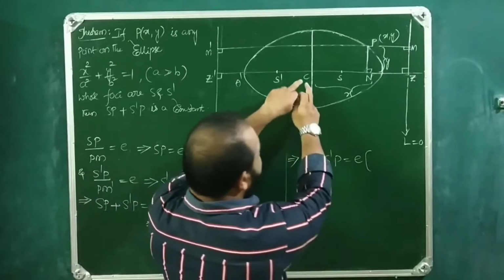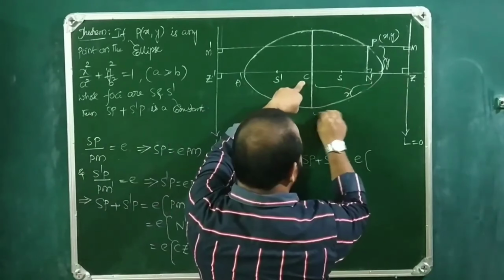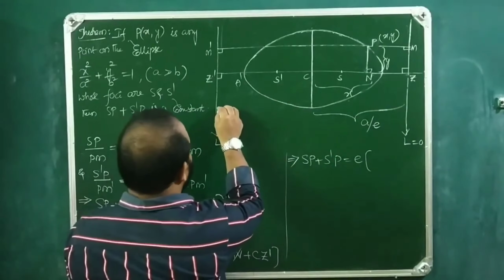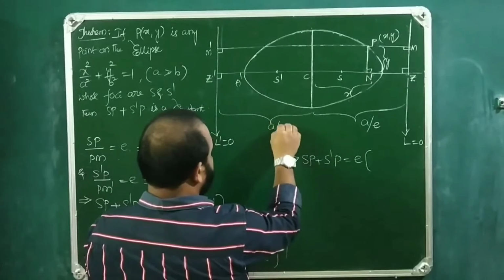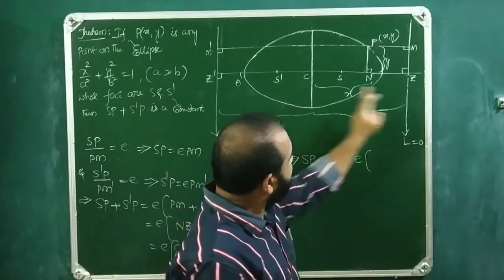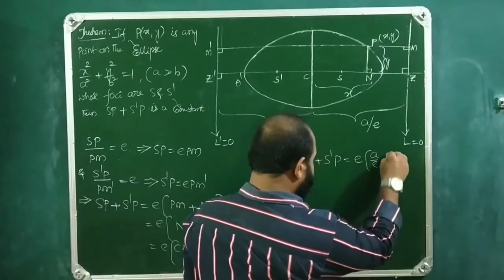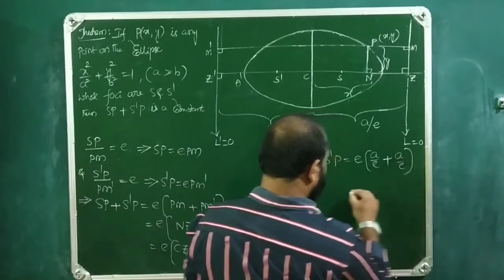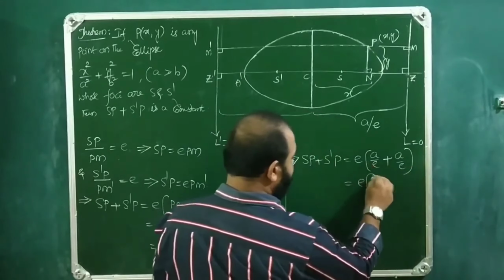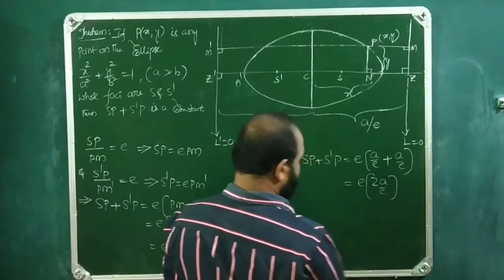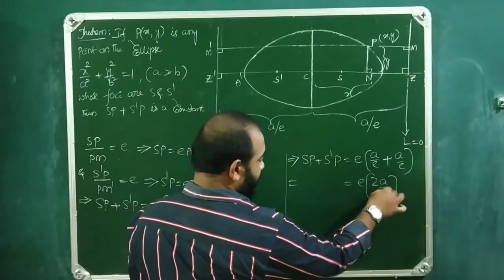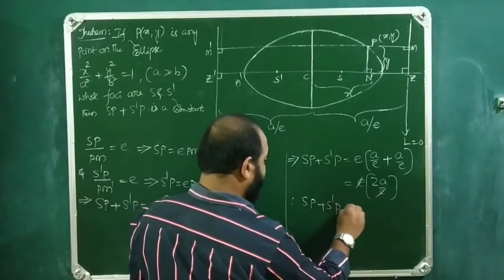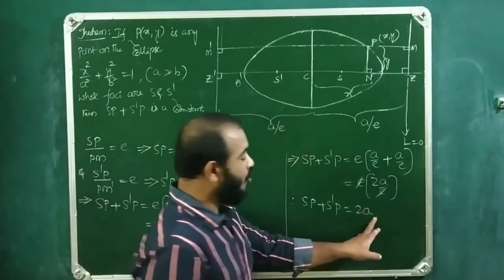The distance from the center to the directrix is a by e, as we proved in the theorem. Obviously this is also a by e. So CZ is a by e and CZ dash is also a by e. This is e into 2a by e, and e gets cancelled. Therefore SP plus S dash P is equal to 2a, which is a constant.